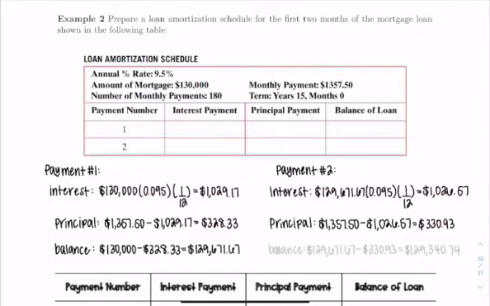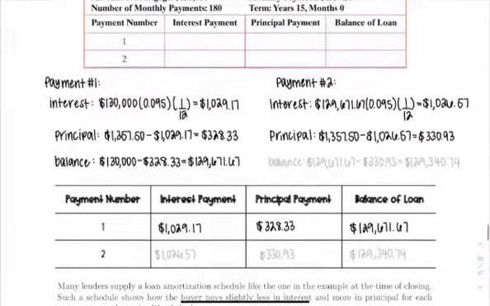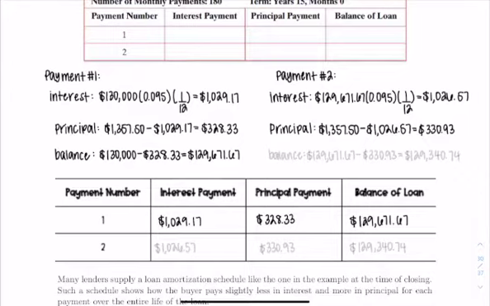So far what you'll notice is that the interest from payment 1 to payment 2 slightly lowered, not a lot, and the principal got slightly bigger. So I paid a little bit less of interest on payment number 2, and it paid a little bit more to the principal, which is what affects the balance of the loan.